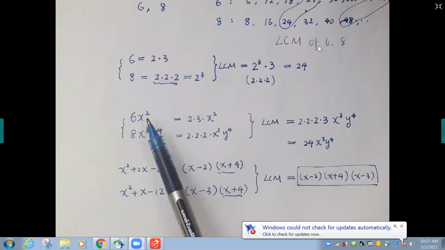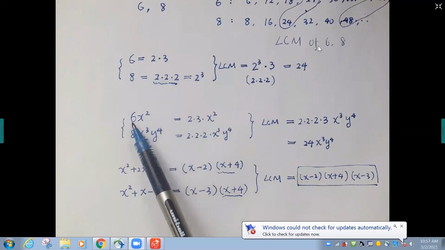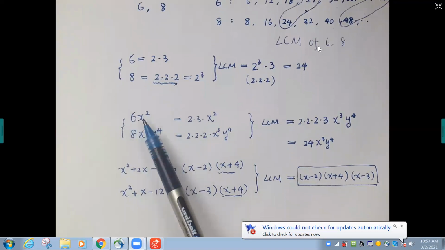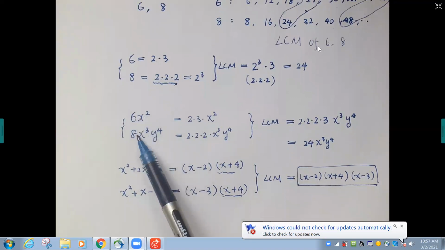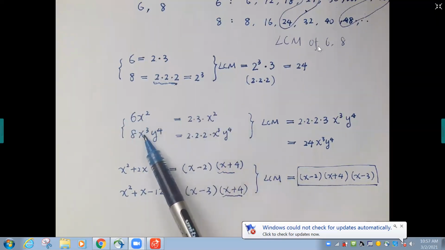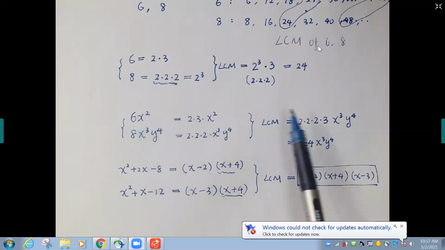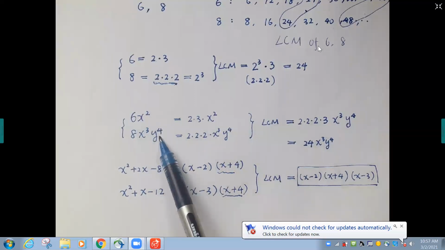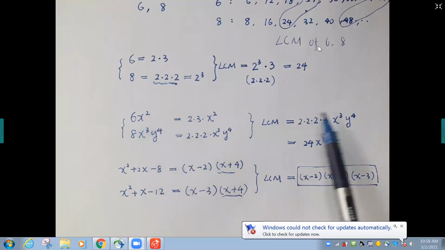When we have a monomial, which means we have not only the number but variables as well, look for the least common multiple of their coefficients first, using the way we did before. Then for every single variable, we always choose the largest exponent, 2 and 3. 3 is bigger. There is no y here, so we use y to the 4th.